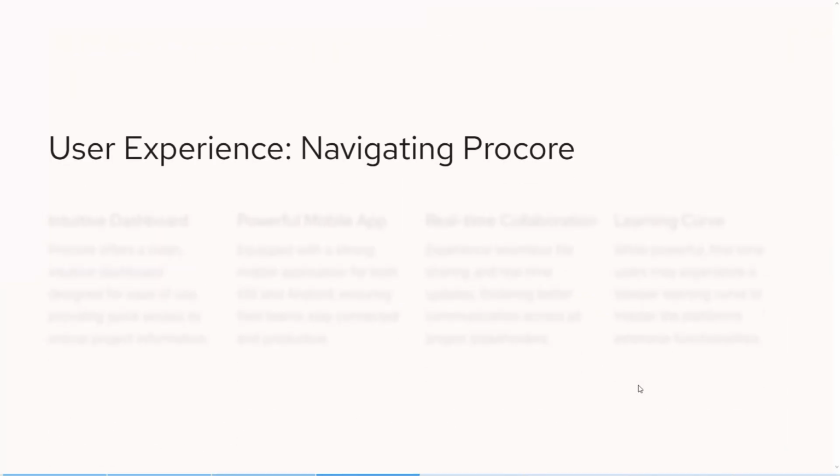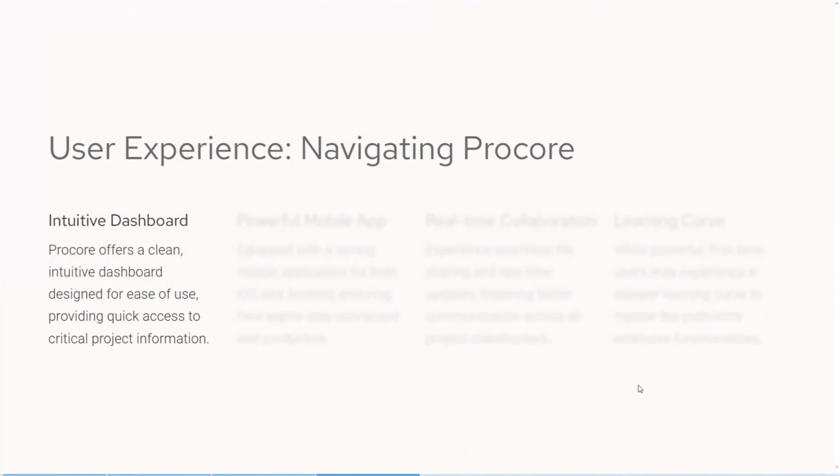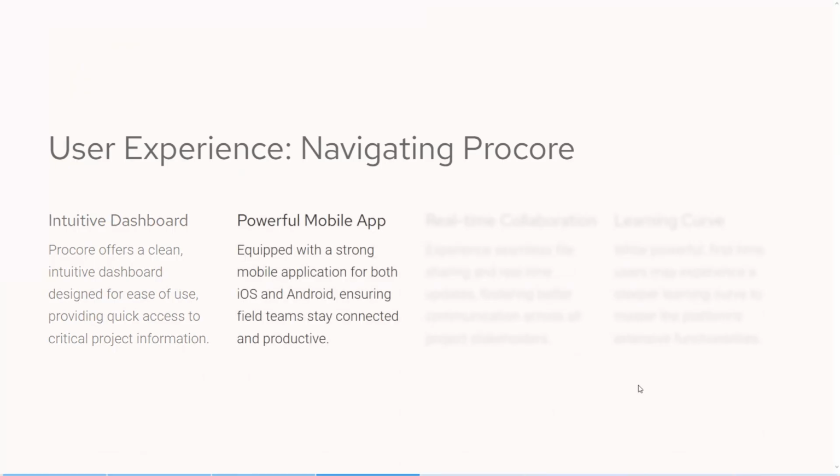Now, for the user experience, for navigating Procore, it's pretty easy. It has an intuitive dashboard, so Procore offers a clean, intuitive dashboard designed for ease of use, providing quick access to critical project information. And it is a powerful mobile app. It is equipped with a strong mobile application for both iOS and Android, ensuring field teams stay connected and productive.